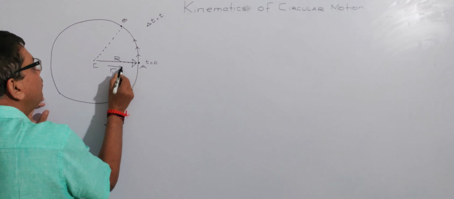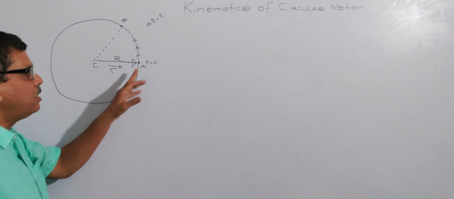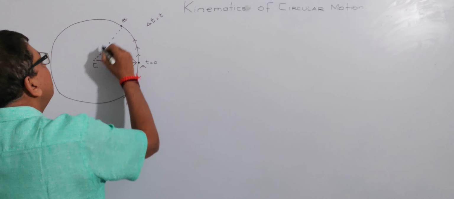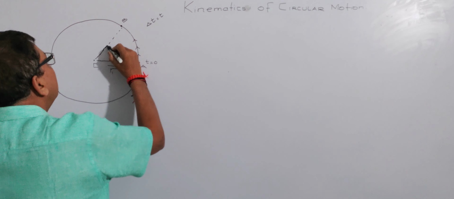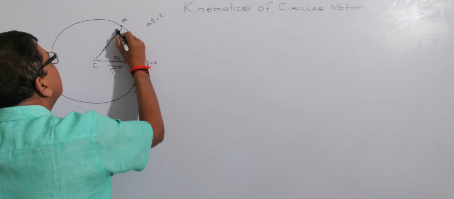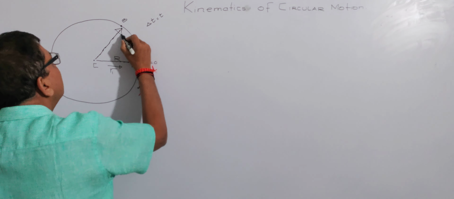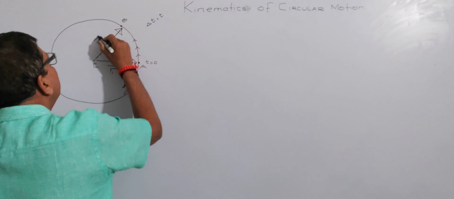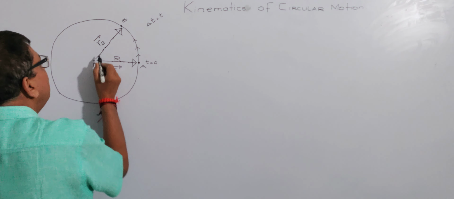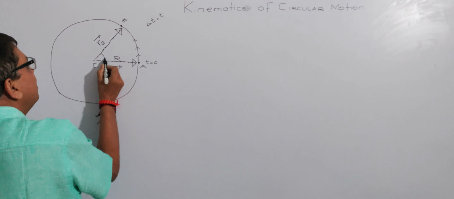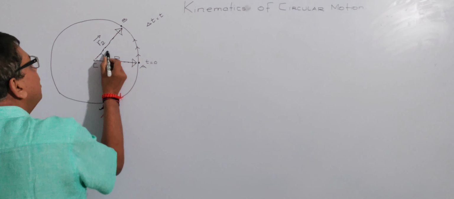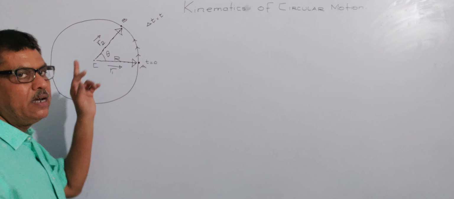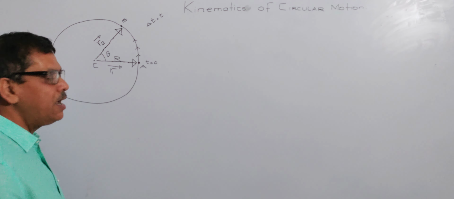R1 vector is the position vector when the object starts moving at t equals 0, and when it reaches B, let us say the position vector is the R2 vector. Is it clear? Now, after t seconds, it makes theta angle on the circle. When it moves from A to B, it makes theta radian at the center.